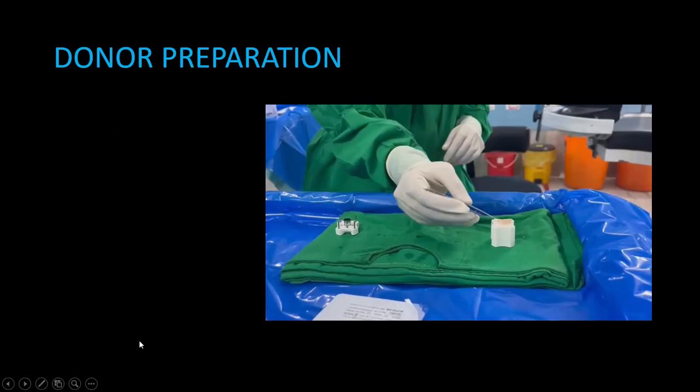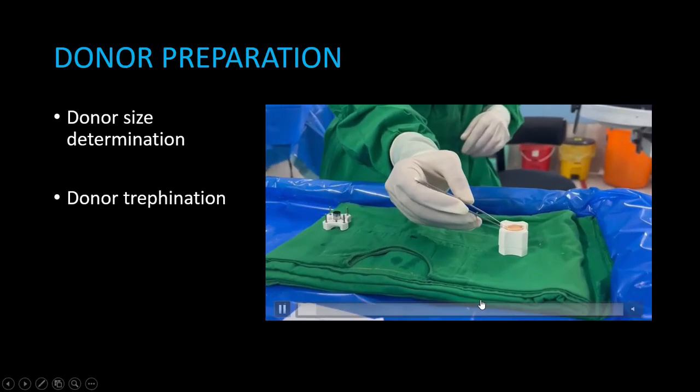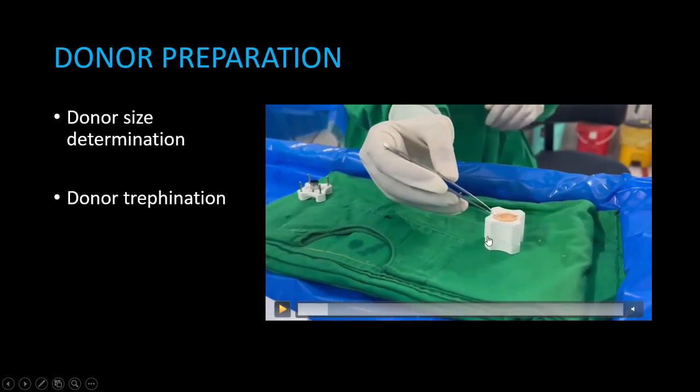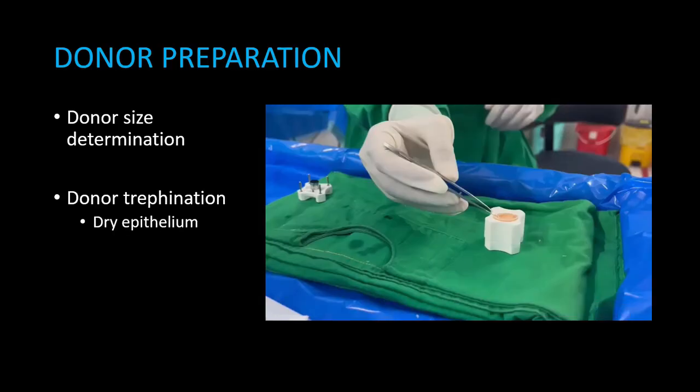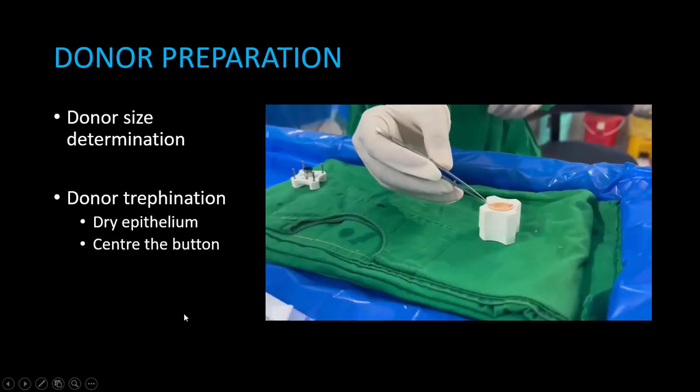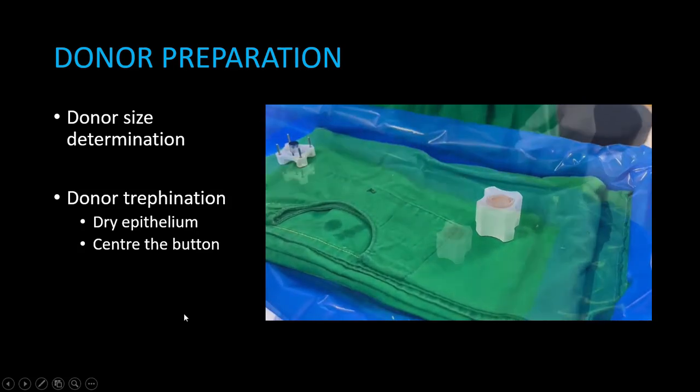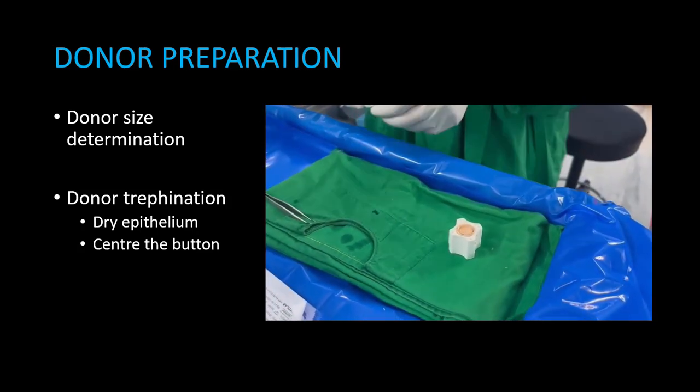The first thing you do is you dry the epithelium during trephination. So here we are using a 4-punch, but usually there is a Teflon block on which you lay the corneal button. The first thing you do is that you dry the epithelium so that it doesn't slip during the process of trephination. And center the button on the Teflon block or the 4-punch that's used here and apply a vertical force.